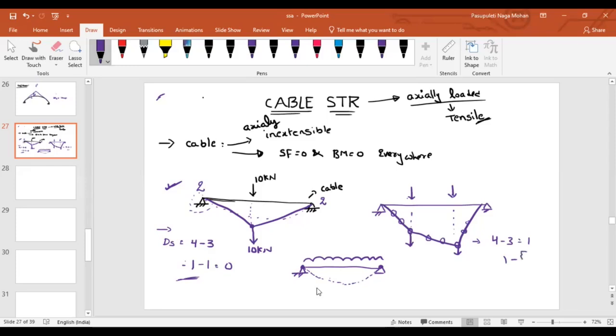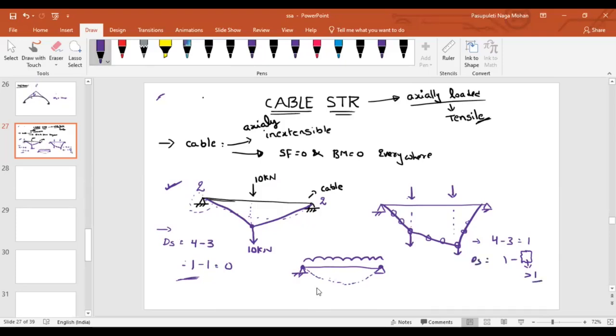So can I limit the number of equations in this case? No, I cannot. Can I say more than 1? Yes, sir. You can take n number of points, 1, 2, 3, 4. At the end of the day, they can be more than 1.